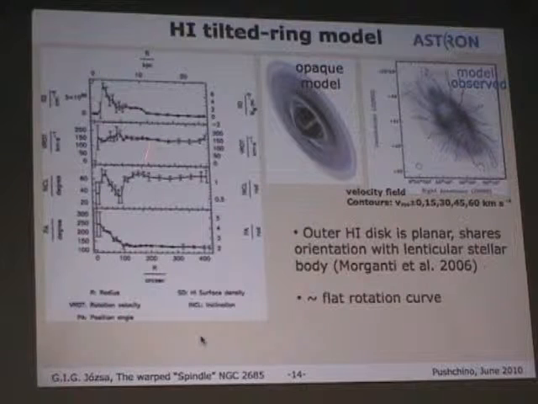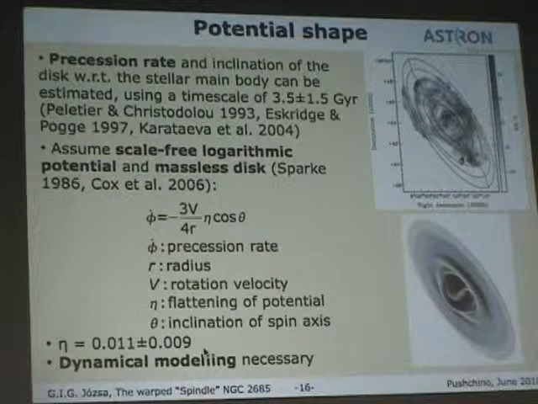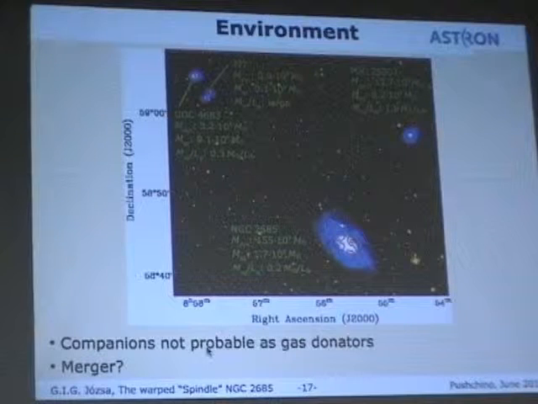With the ring model, this would be then the structure, any extension of the tilted ring model that would represent, for example, quite spherical.